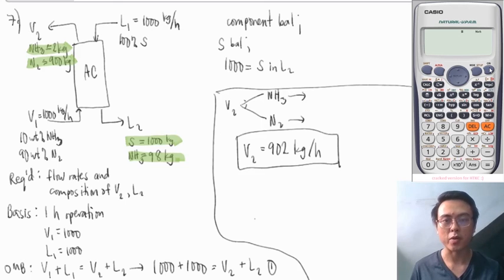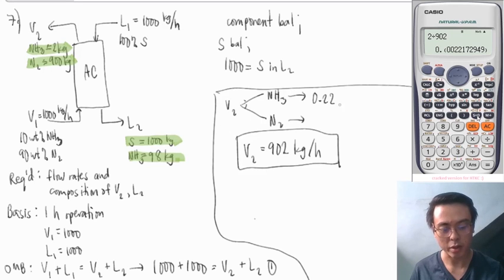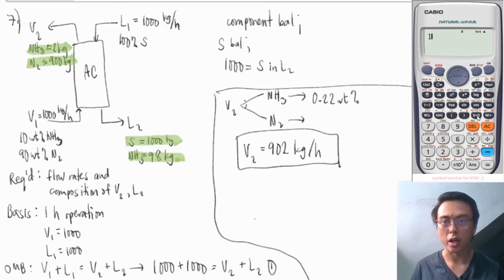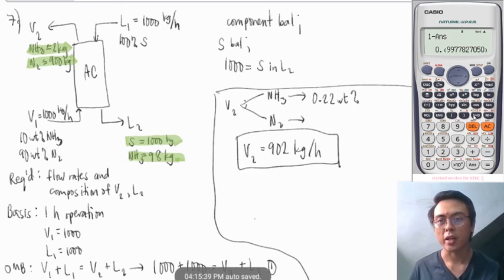And for the mass percentage, that would be for ammonia 2 divided by 902. Okay, that's 0.22 weight percent. And for nitrogen, that is the balance, 99.78 weight percent.